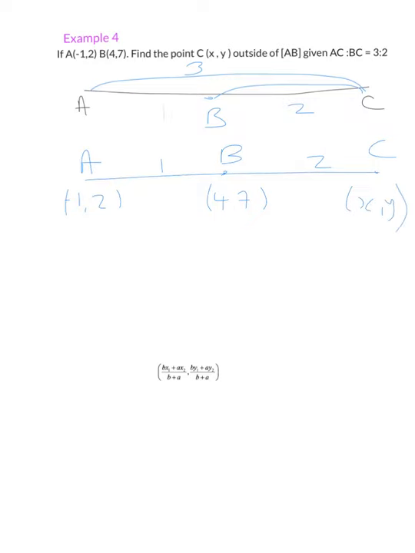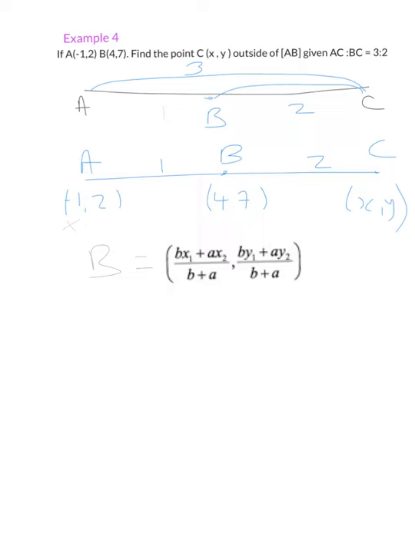So for this formula to work, we have to use the internal divisor point. So our internal divisor point is B. So then this formula, just like the last example, would be equal to the point B. In order to fill in, we have to know what A, B, and (x1, y1) are.